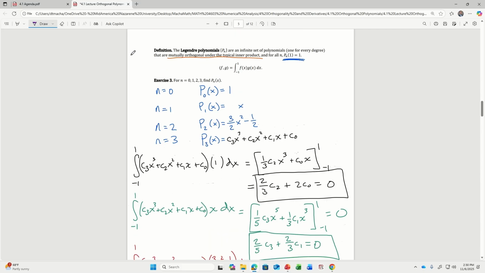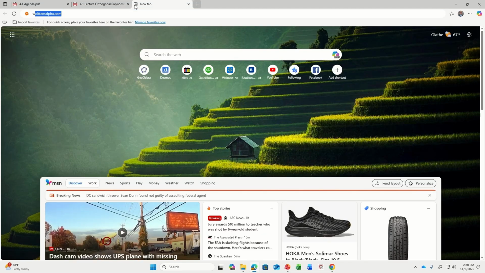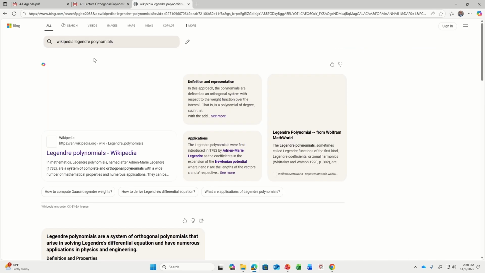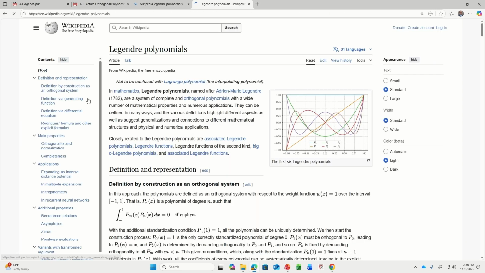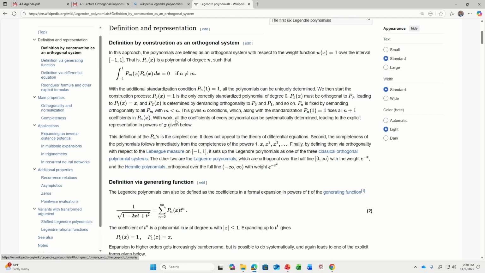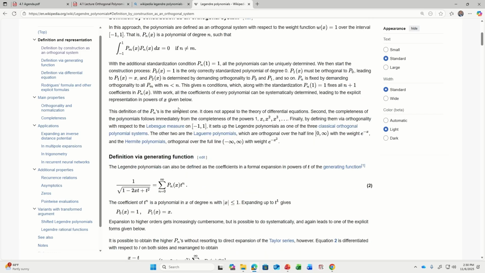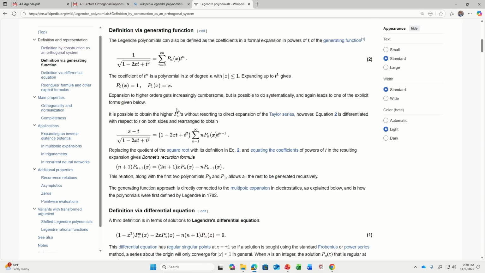But there's actually smarter ways to do this. If you go to Wikipedia, these polynomials have their own Wikipedia page, naturally. The first thing it mentions is that, yeah, these are orthogonal, very important to know. And they also have different ways of figuring these out.